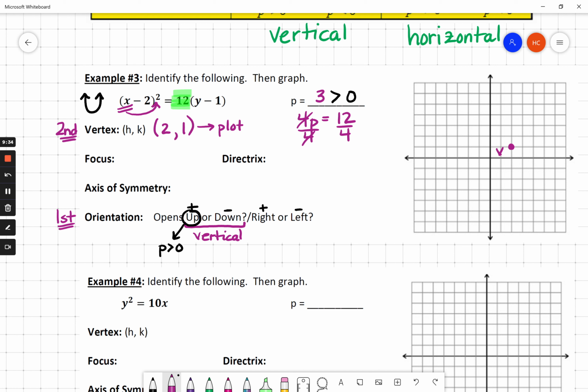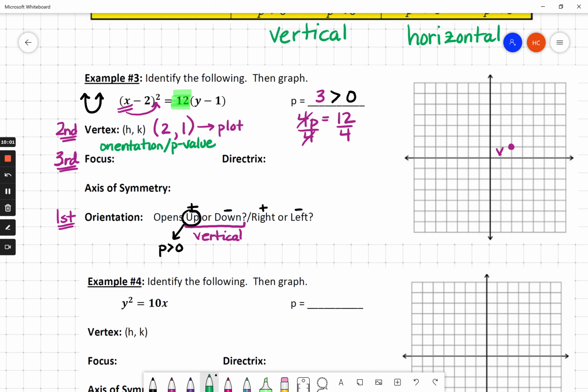After the vertex, you are going to find the focus. So I'm going to put this as your third step. To find the focus, here's what I want you to do. And here's where my little notations come into play. I want you to use your orientation and your p-value to help you plot your focus.